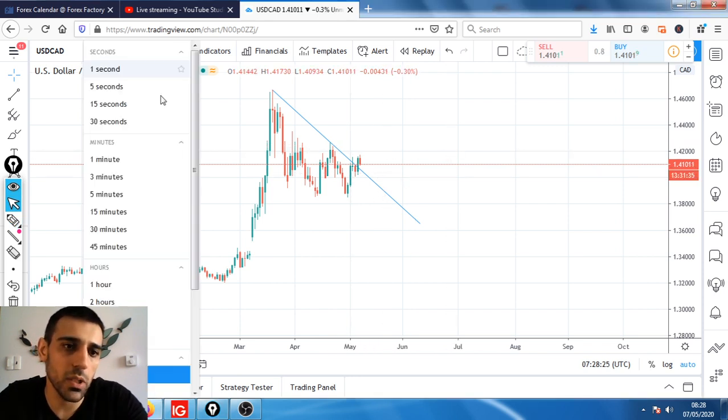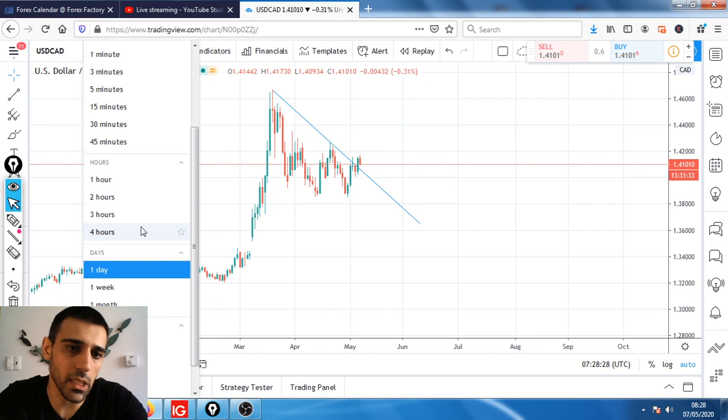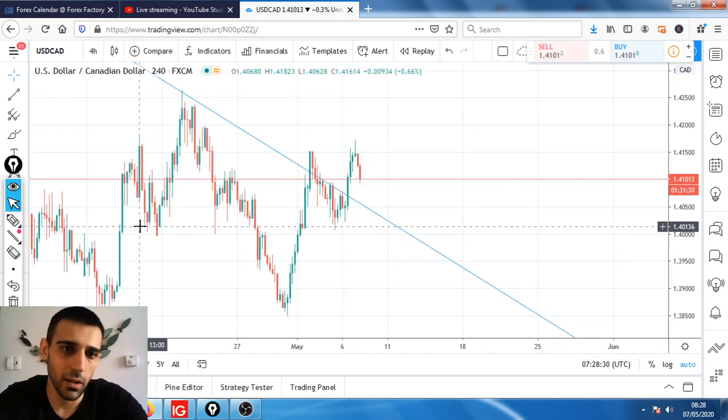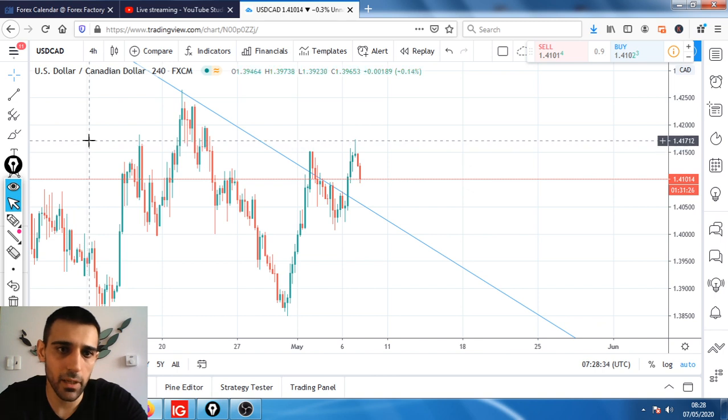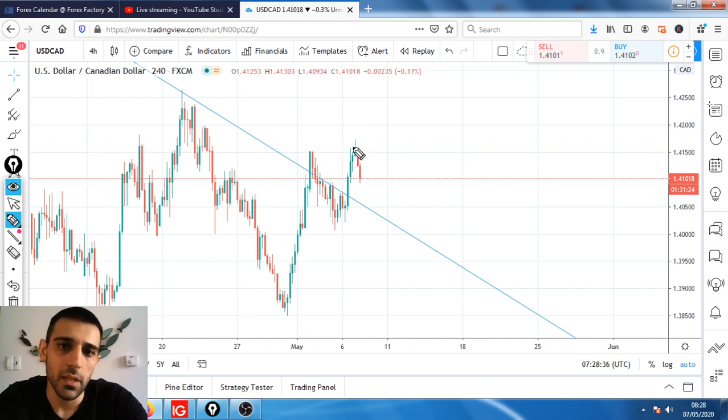So let's go to the 4-hourly time frame. Price came up, took out this high, but failed to take out this spike high up here.